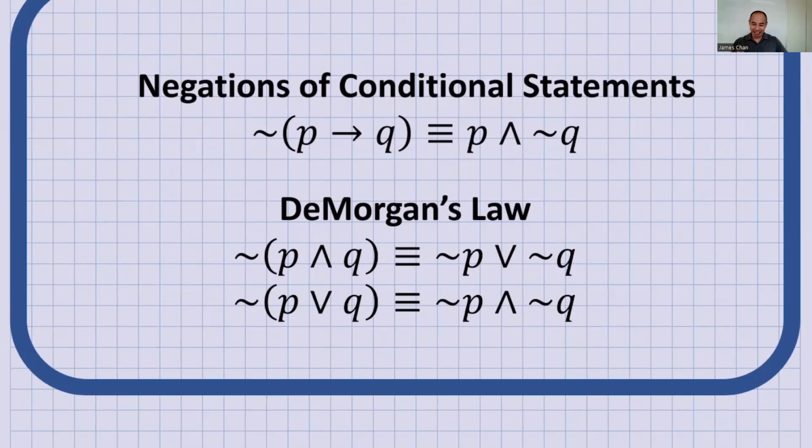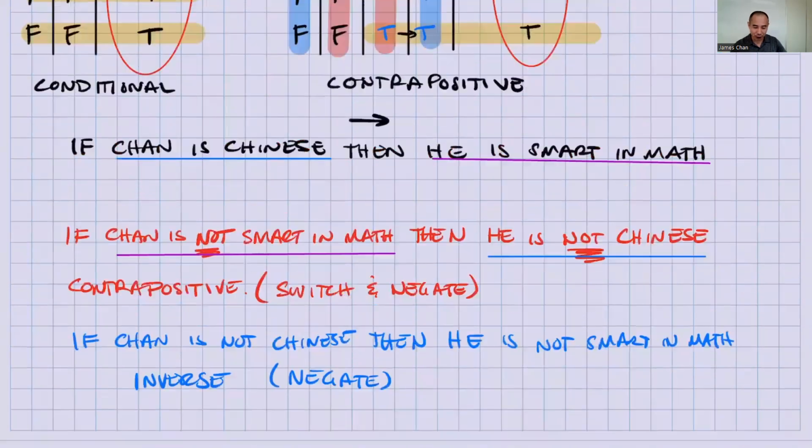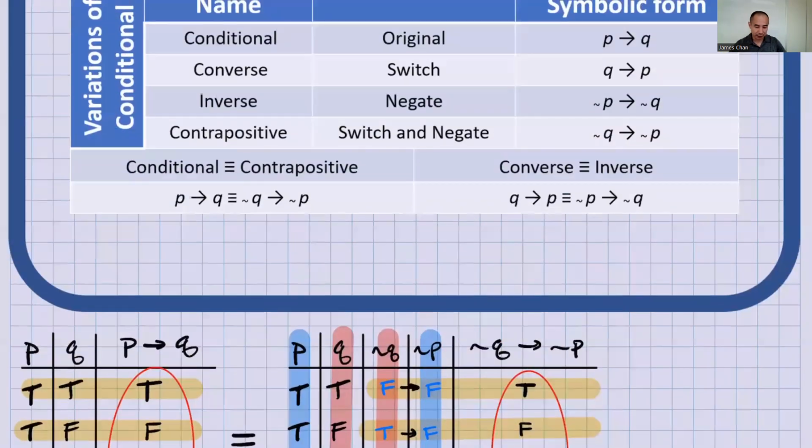Because again, up here, what I said to you was that the conditional and contrapositive are equivalent. They are essentially the same thing. They're essentially equal to each other. The converse and inverse are equivalent to each other.